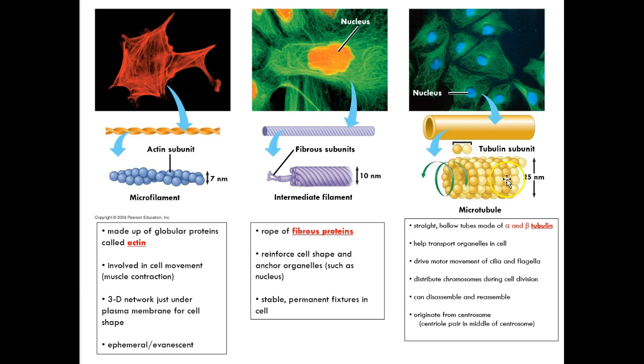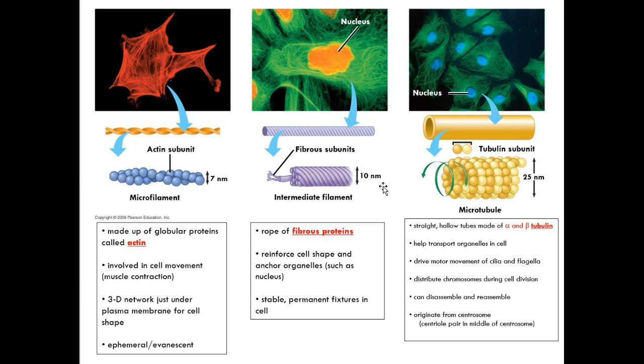And then finally, we have these microtubules. And they're made up of these small components, these alpha and beta tubulins. And they help support organelles in the cell. Again, we have two different structures that support organelles in the cell. They drive things like motor proteins. So these are going to be things designed for cell movement. Cilia and flagella.